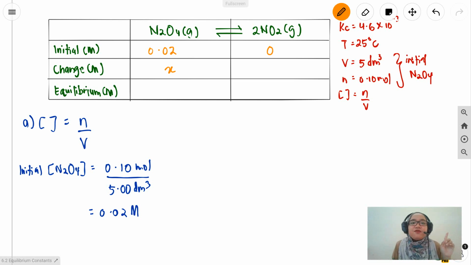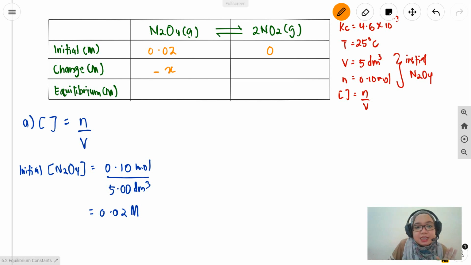If the concentration of the species decreases throughout the reaction, then the sign is negative. Here, the N2O4 gas is going to be decomposed into nitrogen dioxide gas. So it means that the concentration of N2O4 will be decreasing over time.